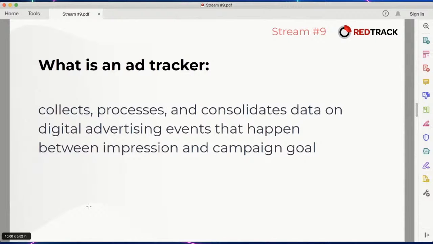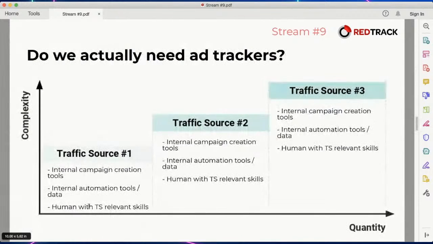So, do you need an ad tracker for managing campaigns? I would say no, because honestly, if you have a couple of campaigns, Google, Facebook, a couple of offers, you can manage it easily. If you have more campaigns, you hire some virtual assistant, you scale your team, and you can still manage it.